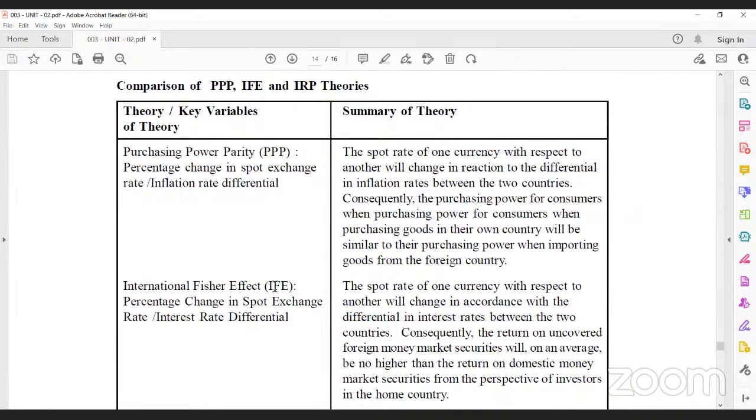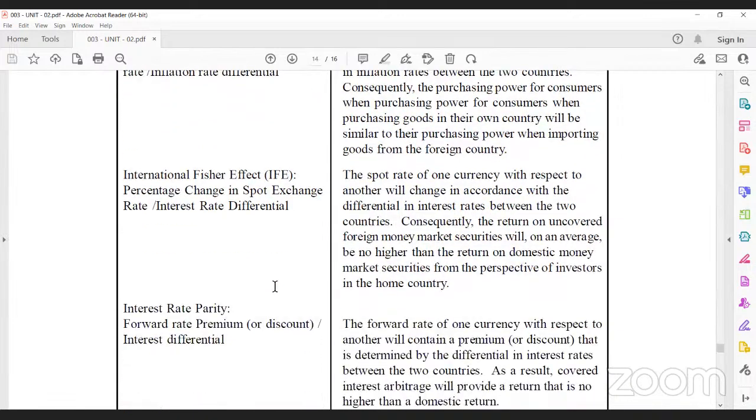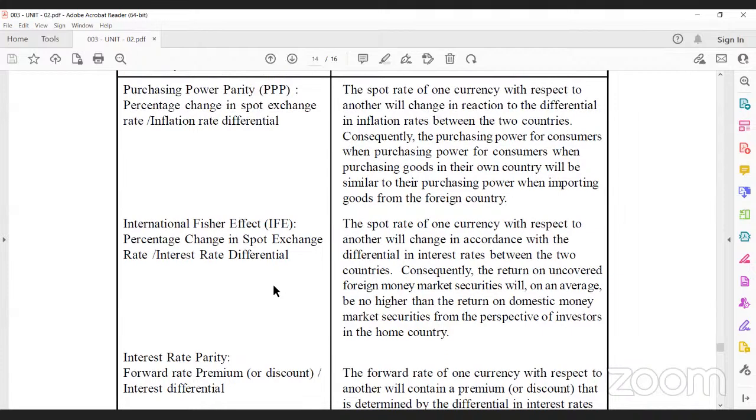Okay, then we have IFE. The spot rate of one currency with respect to another will change in accordance with the differential in interest rates between the two currencies. In PPP, it is about the inflation rate.